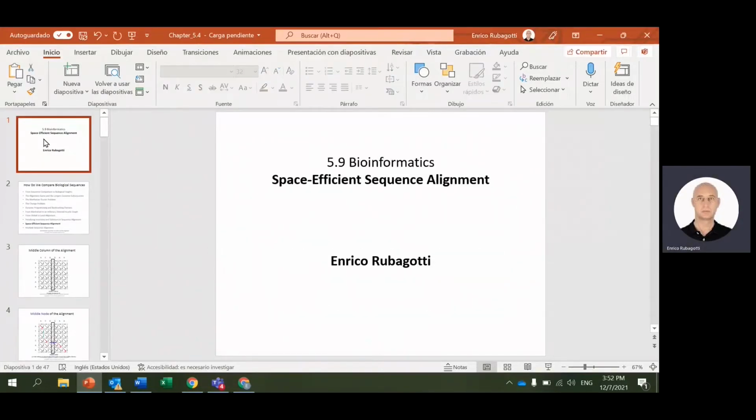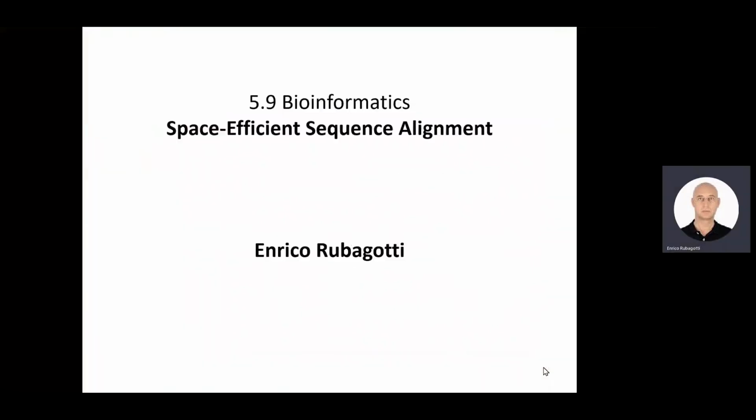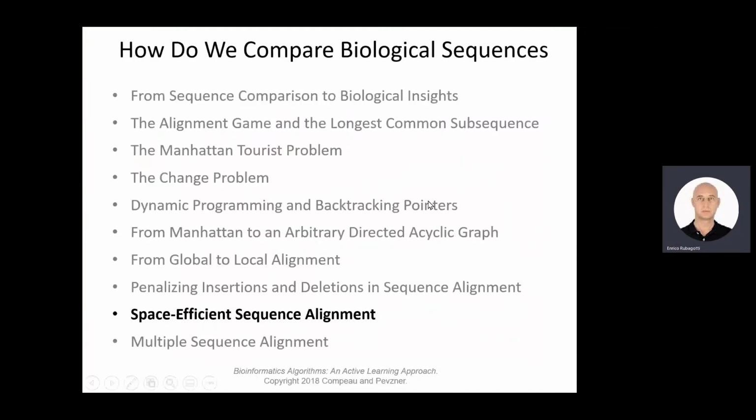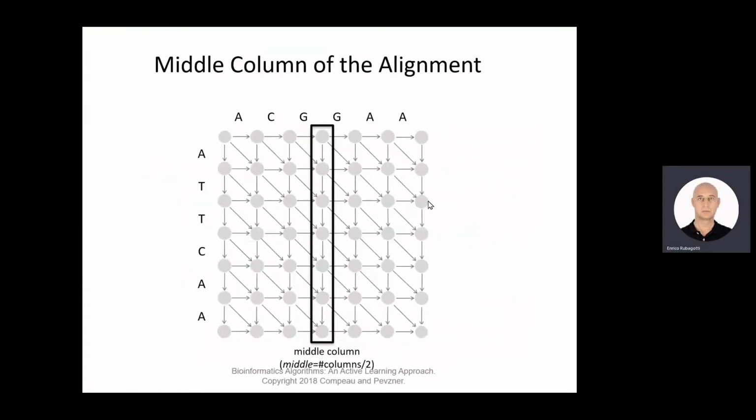A huge problem of the previous dynamic programming algorithm is the memory requirement. When we have to align a 1000 character string to another 1000 character string, we need to store a million variables plus a million backtracking points.